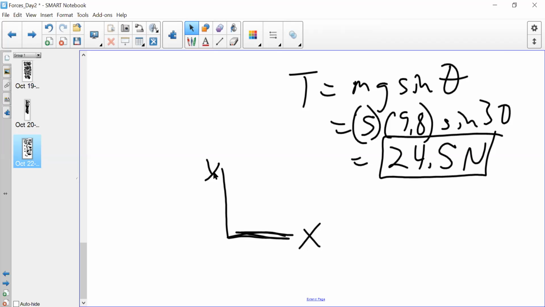Is everybody looking at that? Example 5.7, you understand that? Any questions? And then part B, determine the magnitude of the contact force between the 2 blocks.